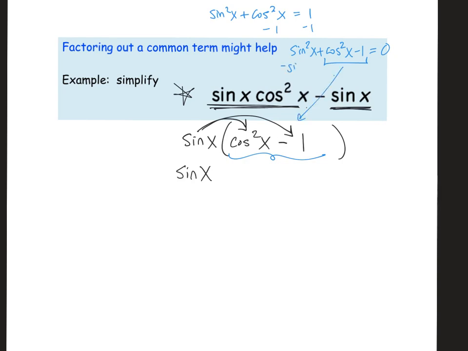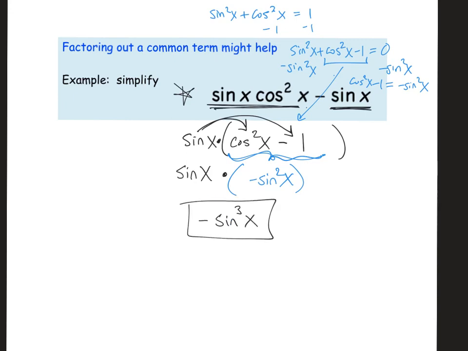So what I can do is subtract the sine squared x over to the other side. So now cosine squared x minus 1 would equal negative sine squared x. So all of this stuff right here is a negative sine squared x. And remember, we're multiplying these two things together. So now if I multiply those together, I'll get a negative sine to the third x. And that would be simplified.